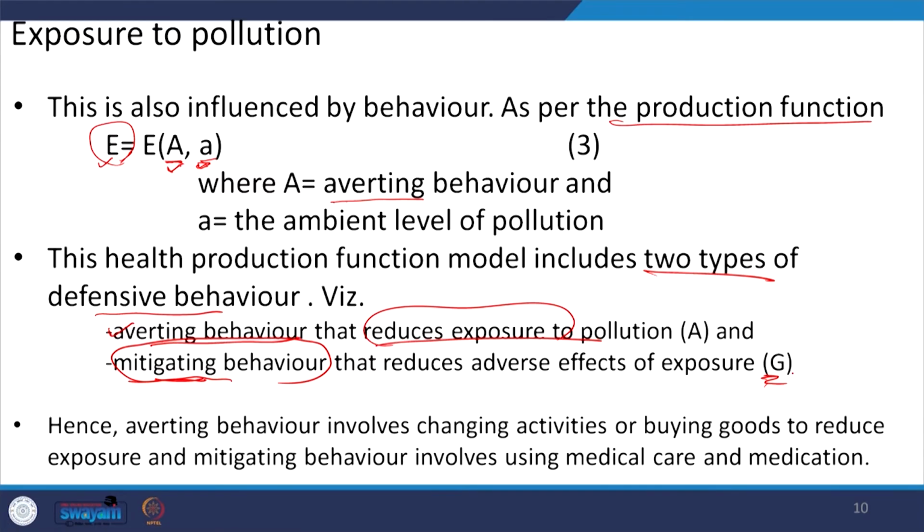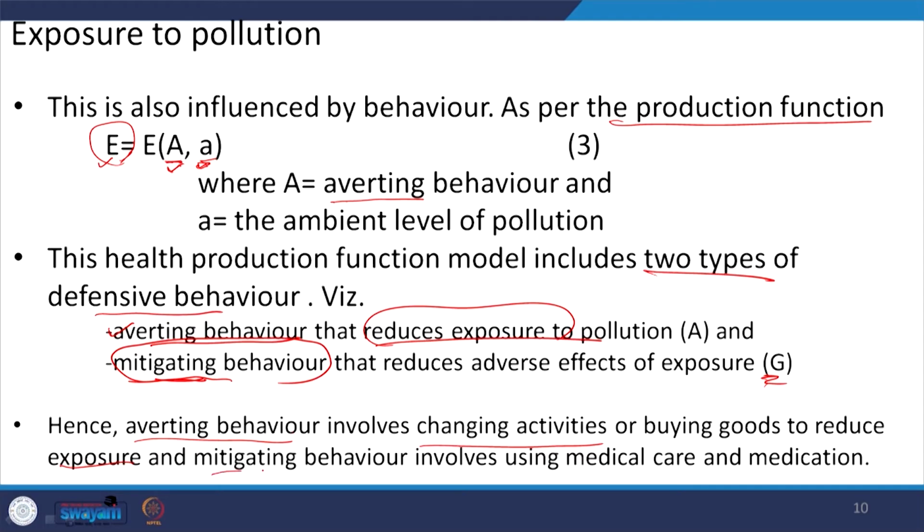Now this averting behavior involves changing activities, because obviously how do you avoid a particular bad? It must be reflected in terms of a behavior. So, if you are changing your activities or purchasing some goods to reduce the exposure, that is reflected in your averting behavior.